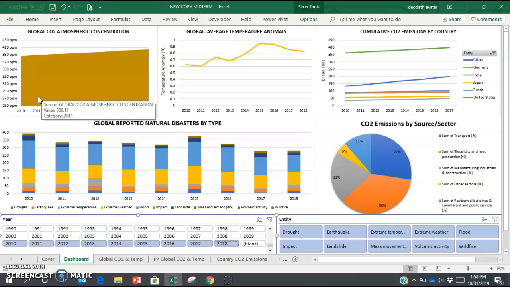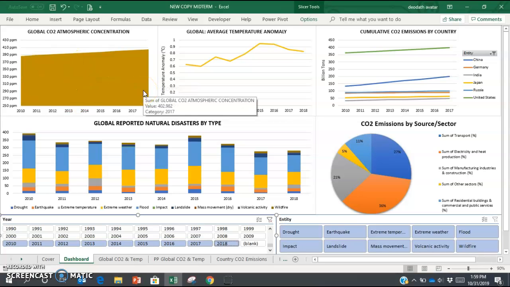As you can see, the incremental increase is increasing each year. In 2012, we're now at 391. As we go further into these years, the incremental increase of ppm has been around 2, whereas in the 1960s it was around 0.6 to 0.7.